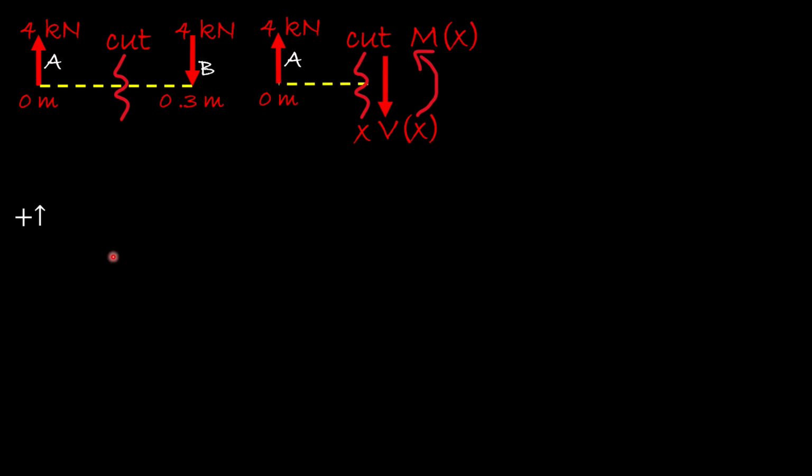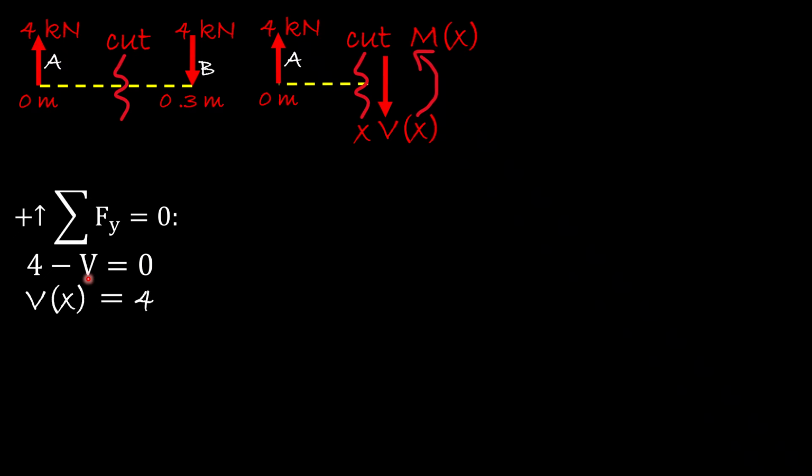So what we will do is sum the forces in the y direction equal to 0, where up is positive. So here we will have a 4 kilonewton positive and a negative shear going down equal to 0. We solve for the shear force, and that will give you a constant value, 4. Next, we will take the sum of the moment at x and equal it to 0.